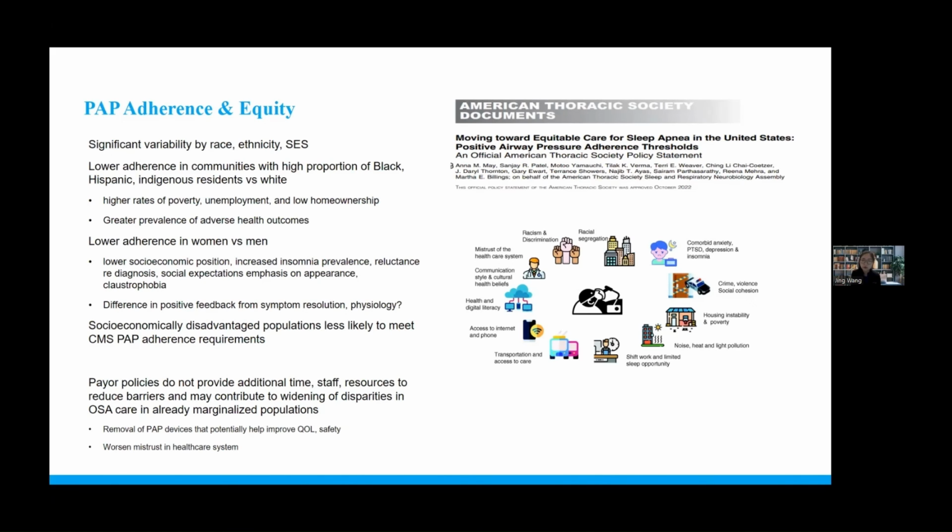And we're really not helping to improve the health and well-being of patients, in addition to potentially widening these healthcare and treatment disparities. So a lot of policy implications in this single question of PAP adherence alone. But I just wanted to bring the group's attention to this; I think it's a really well written and informative read. So if you have time, I'd highly recommend taking a look.